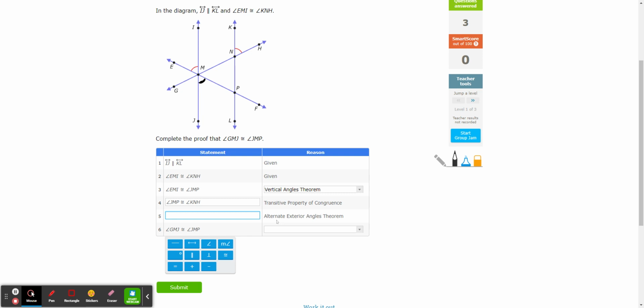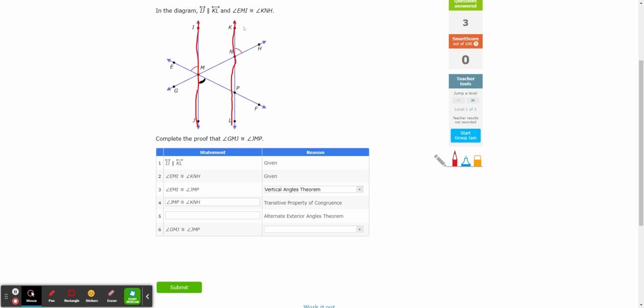All right. So now we're looking at some alternate exterior. So let's look at the lines that we already said are parallel. Let me change this to red. So we said IJ is parallel to KL.